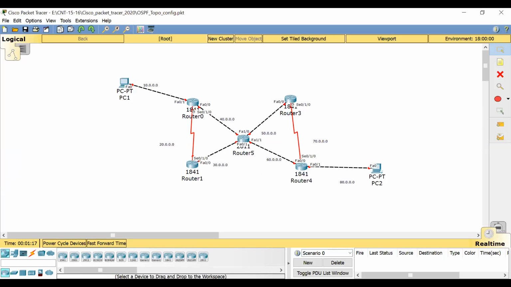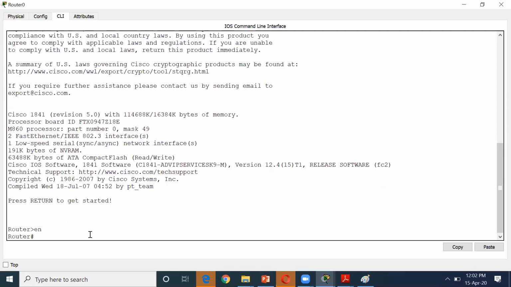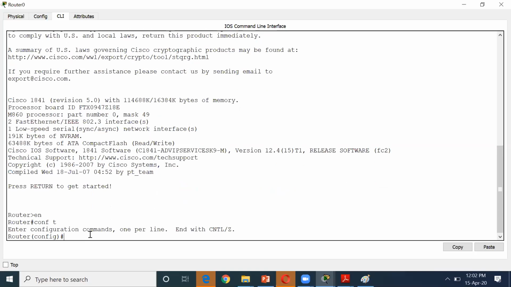So we'll see. Now I have clicked on router 0. Here we are in privileged EXEC mode, then give conf t. So we are in global configuration mode, then give router OSPF 1.